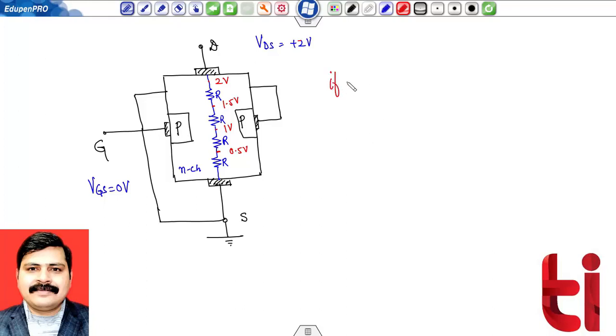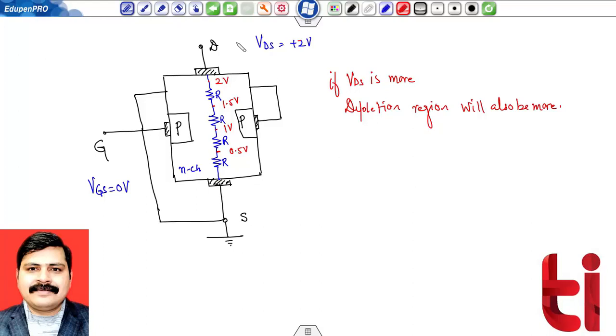So if VDS is more, the depletion region will also be more. This is the answer to the query: why is the depletion region more towards the drain side and not the source side? Because the source side voltage is lower in comparison to the effective voltage across the drain.